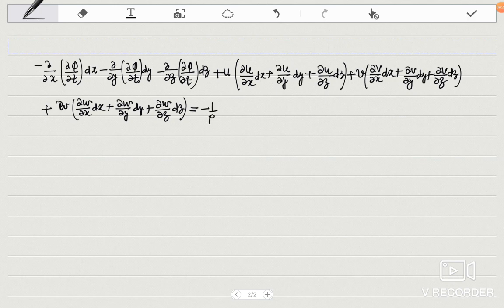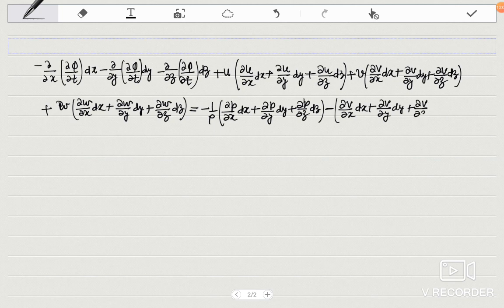Minus 1 by rho will be common and we will have ∂p/∂x dx, ∂p/∂y dy, ∂p/∂z dz, minus ∂V/∂x dx, ∂V/∂y dy, ∂V/∂z dz.